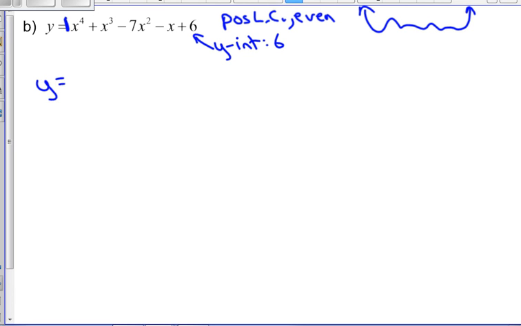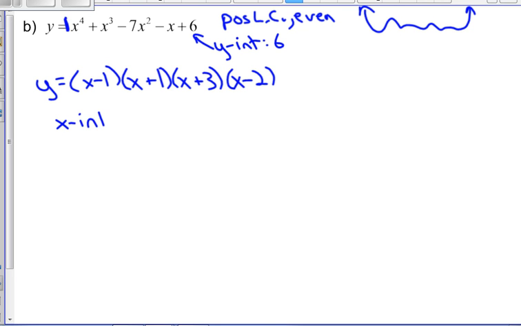We factored it earlier. I think this would have been example 6. And here's what we got: (x minus 1)(x plus 1)(x plus 3)(x minus 2). Okay, that's telling us that we have x-intercepts at 1, negative 1, negative 3, and 2.